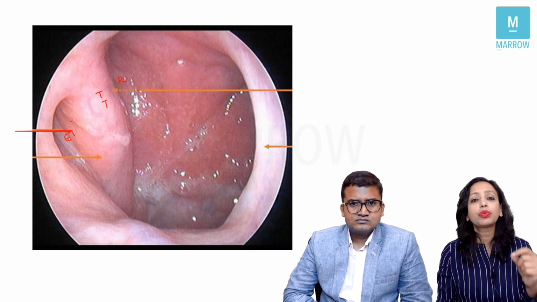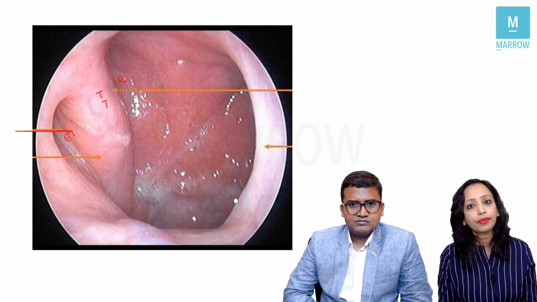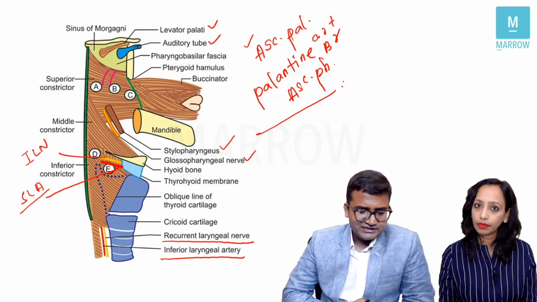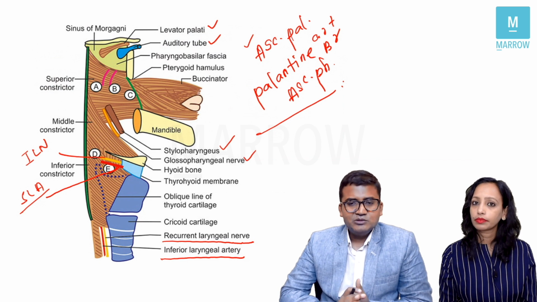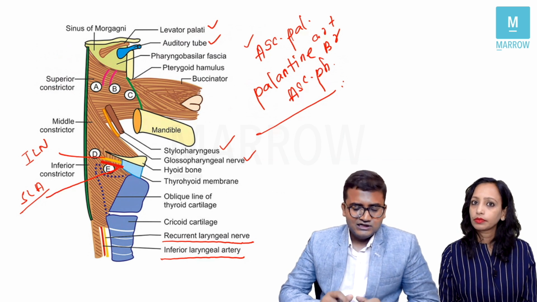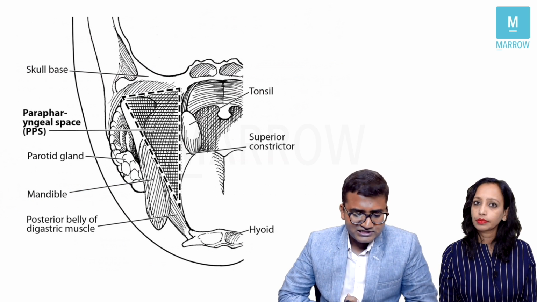So, sir, can you tell us where the parapharyngeal space is in relation to the nasopharynx? Yeah, ma'am. Now see the diagram here. You are seeing the pharyngeal constrictor muscles. Now where is the parapharyngeal space? Please remember, the parapharyngeal space is situated lateral to the pharynx. Now this is a diagram for the parapharyngeal space.